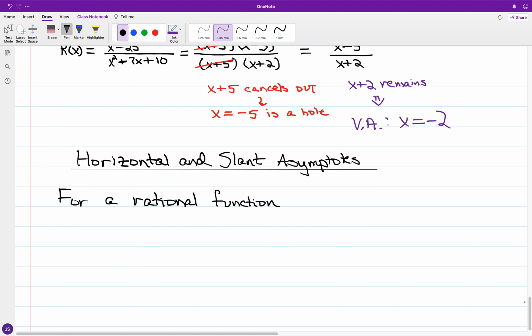we have r of x. Now the numerator is going to consist of terms that you have already seen, like with the end behavior and the polynomial division portions.